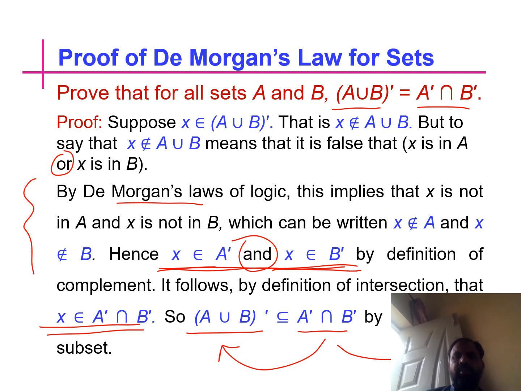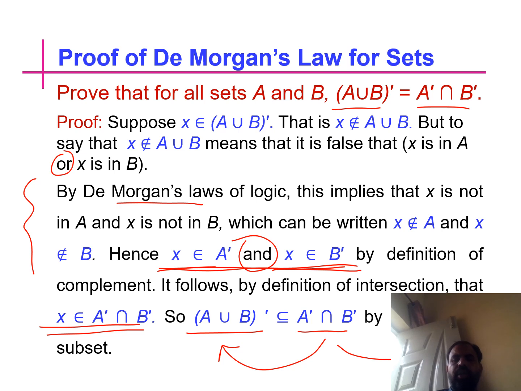Hence X belongs to A complement and X belongs to B complement. If the element doesn't belong to the set A, then it belongs to the complement of that set. So it's the definition of complement. It follows by the definition of intersection that X belongs to A complement intersection B complement.